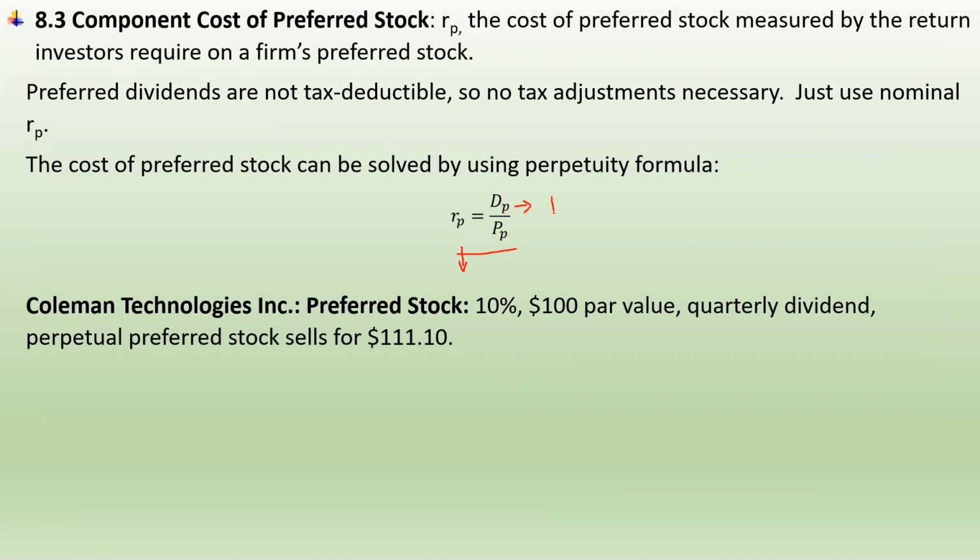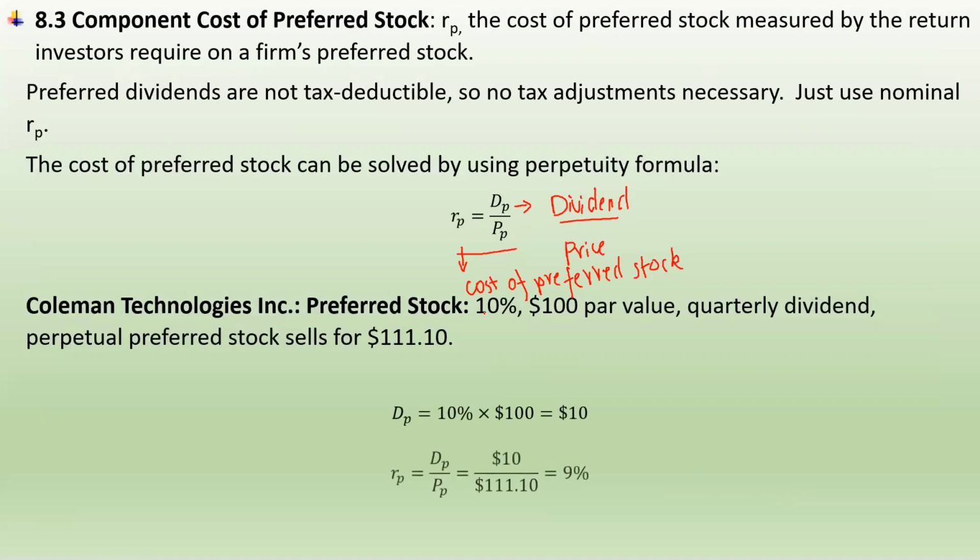This is the dividend of preferred stock, divided by the price of the preferred stock. And this is the cost of preferred stock. So the firm has to pay this interest so they can use the preferred stock capital.